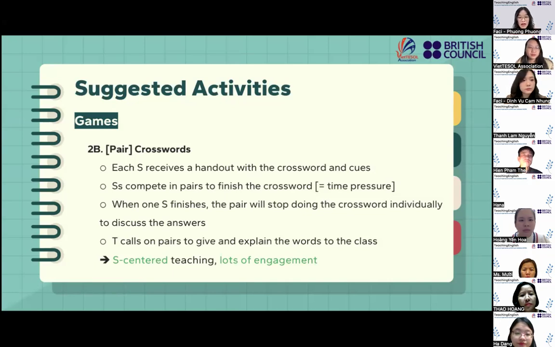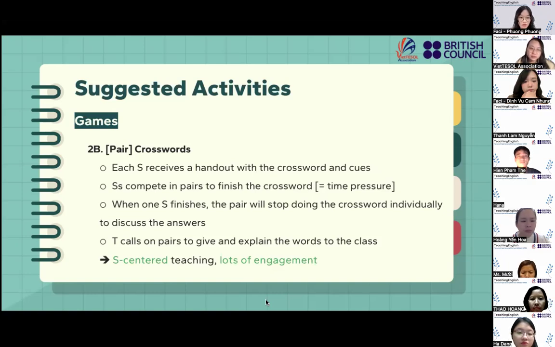You don't have a timer, but you have time pressure because they have to compete against each other. When one student finishes, the pair stops doing the crossword individually, and they need to discuss the answers. Maybe the student who finishes first may not be the one with more correct answers, so let students have some time to talk with their peers and correct themselves.